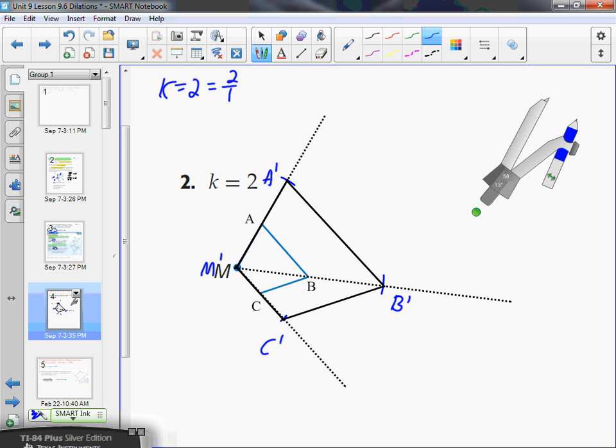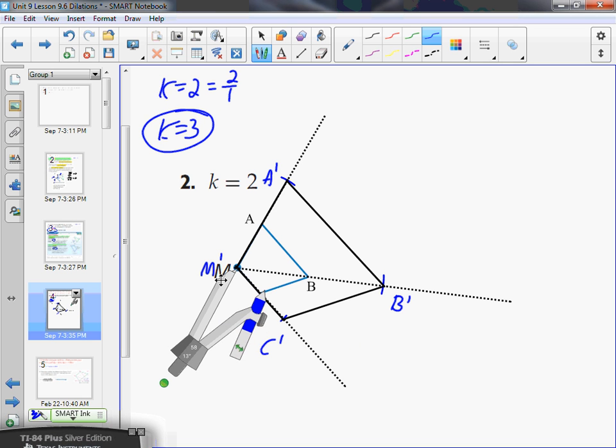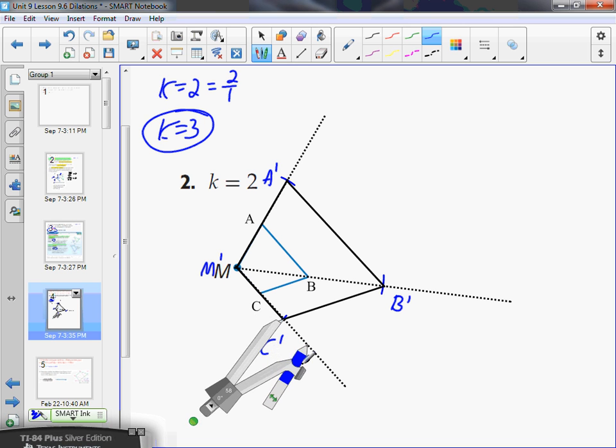For instance, if the scale factor had been 3, when I measured the distance here from M to C, then I measure from C there, now I've made C prime 2 times farther away than C. If the scale factor was 3, guess what I'd do? I'd move down here, and then that's where C prime would have gone. You following me? Okay.